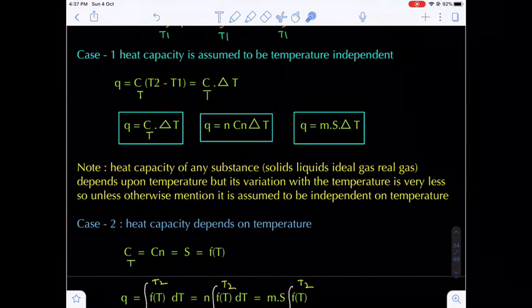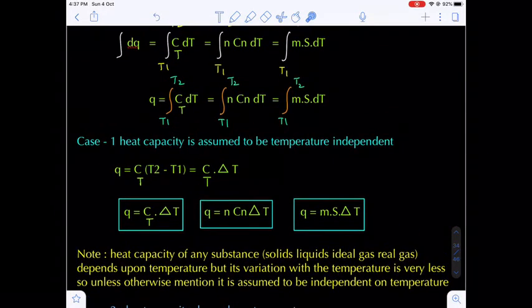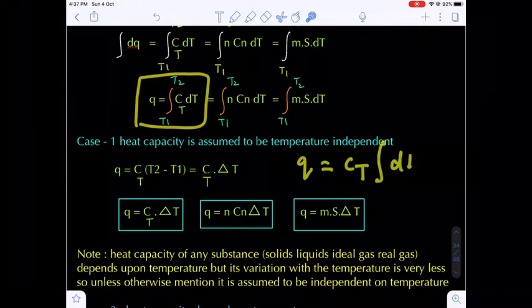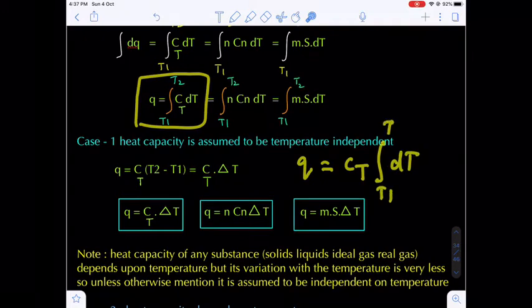When heat capacity is assumed to be independent of temperature, q is equal to the total heat capacity taken outside as a constant, times the integral of dt, with limits from T1 to T2.